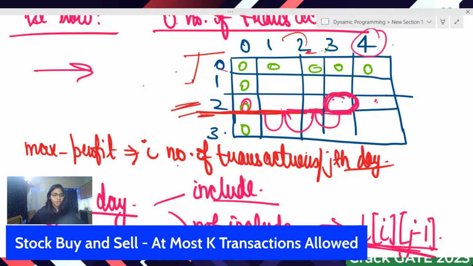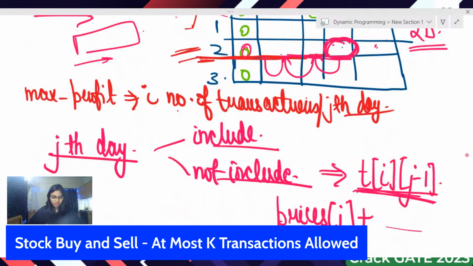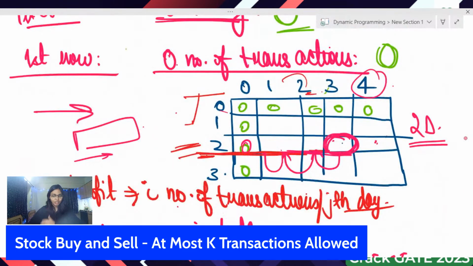There we did it only once because we did only one linear traversal, but here we need to do linear traversal again and again because we have a 2D table to fill. So that's why we are filling out this table in this way.